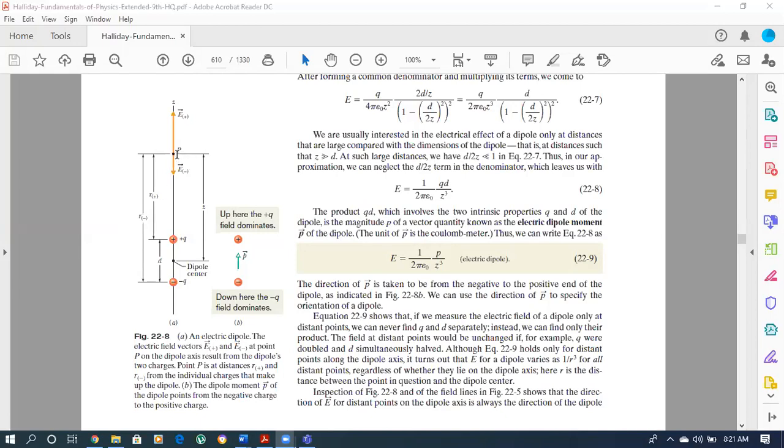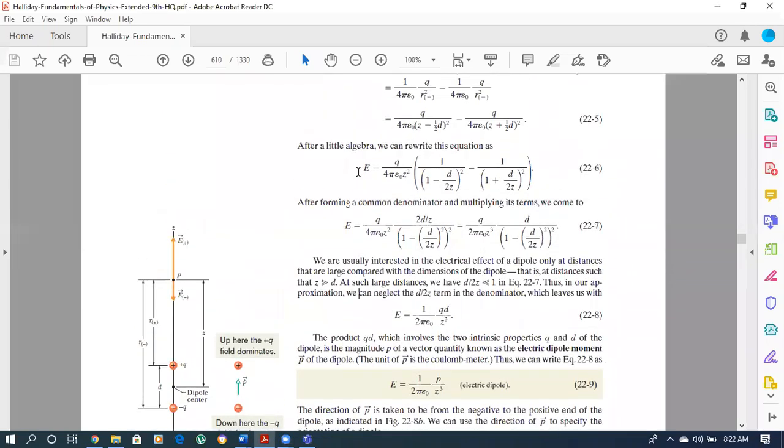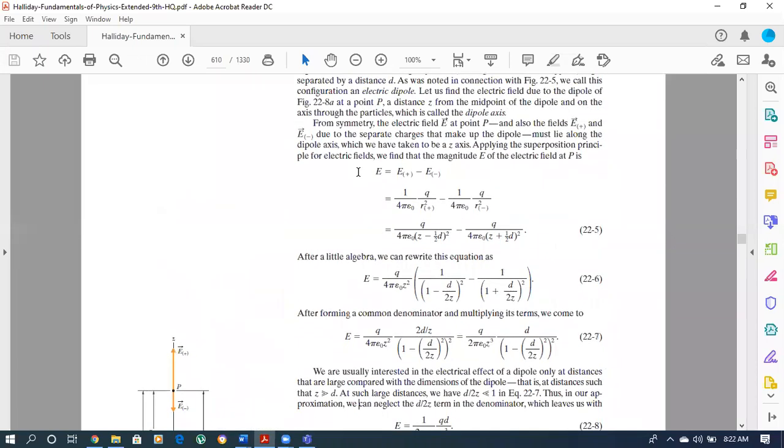The vector representation will also be such that the positive charge vector magnitude length is more than the negative charge vector. This also shows that the force due to the positive charge will be more as compared to the negative charge. So mathematically and quantitatively, what will be the magnitude here? Use this equation and this concept.